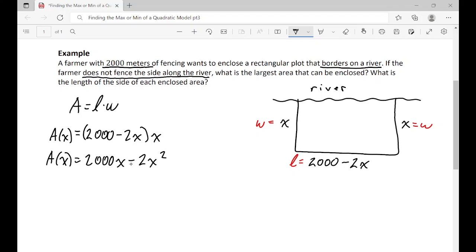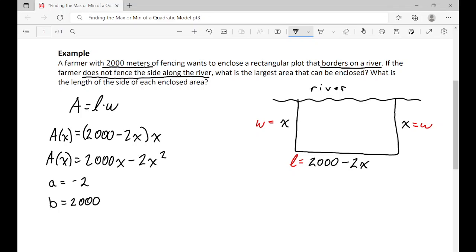My a value is -2, which means if a is less than 0, my vertex would give me a maximum, and I need the largest, so feeling pretty good that this is correct. So let's find out our vertex. So a is going to be -2, and b is going to be 2,000.